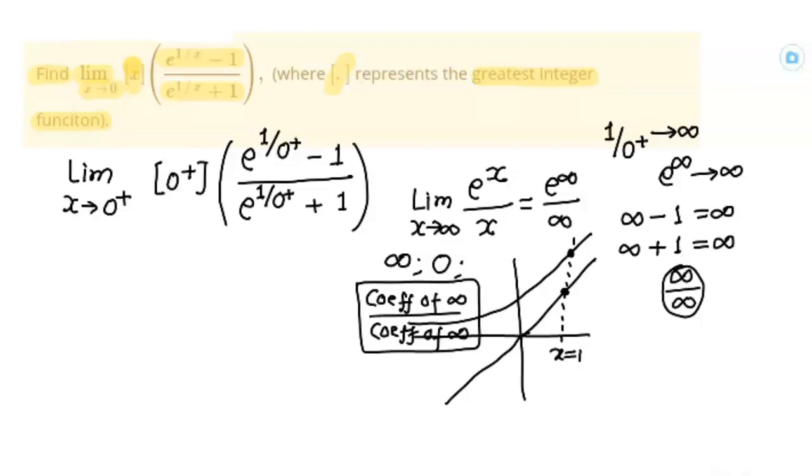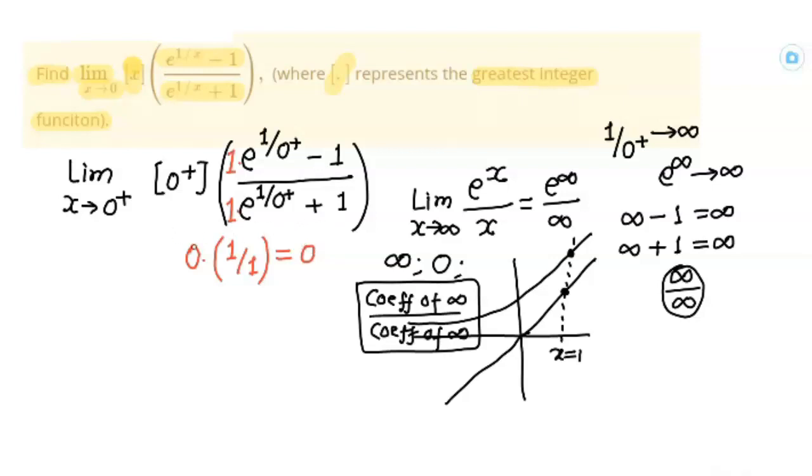The numerator infinity's coefficient is 1, and the denominator infinity is made by this part, so its coefficient is also 1. So 1 upon 1 will give 1. And this x is 0 plus, little greater than 0, and its greatest integer will be 0. So 0 into 1 will become 0.